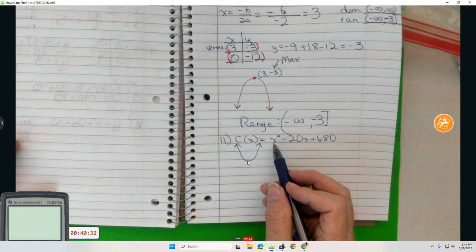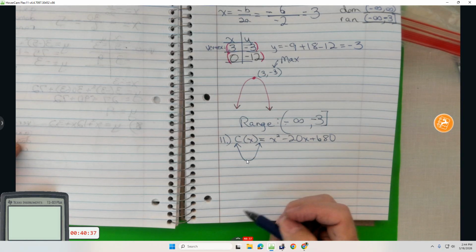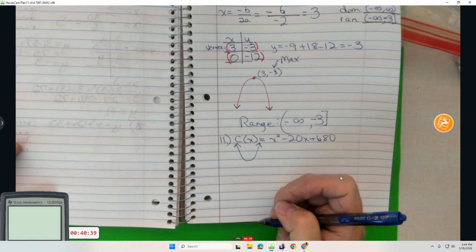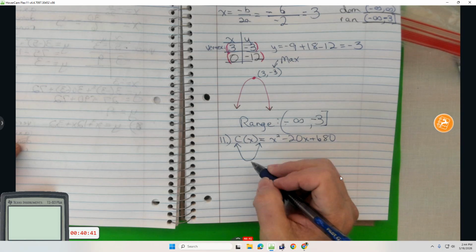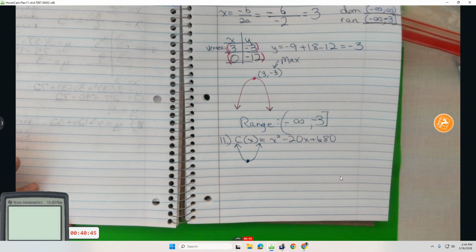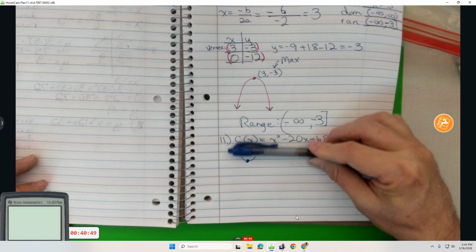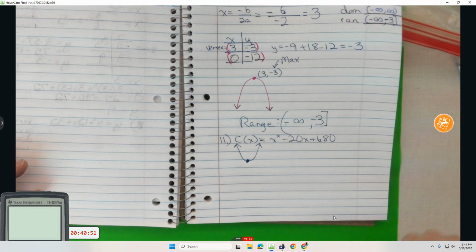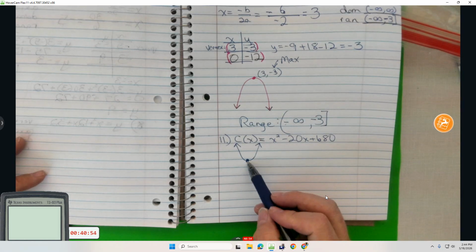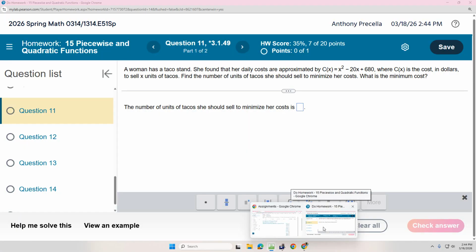If the parabola is opening upward, we have a minimum, and it occurs at the vertex. She better be asking for a minimum, because there's not a maximum. It keeps going up. Is that what the problem asks for? Yes, minimum.